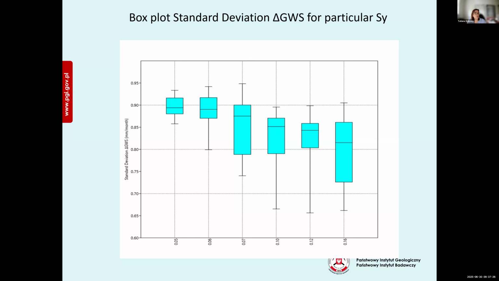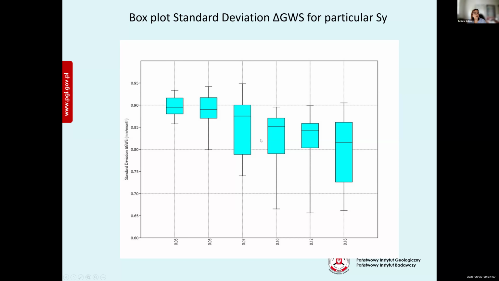The diagram illustrates this inverse relationship between seasonal groundwater storage variability, expressed as the standard deviation, and specific yield. For specific yield values around 0.05 to 0.06, similar average standard deviations are observed.